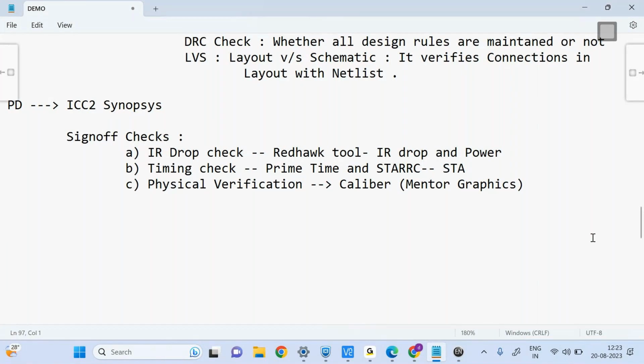So now, to do this physical design from top to bottom, you tell me what knowledge is required. You saw all these things, right?